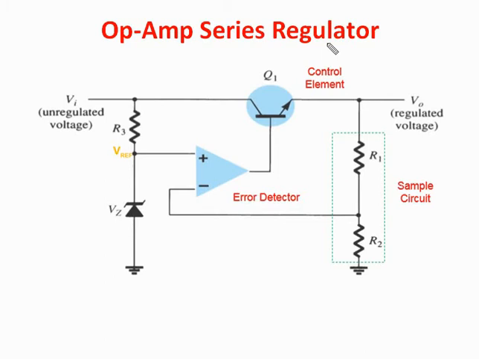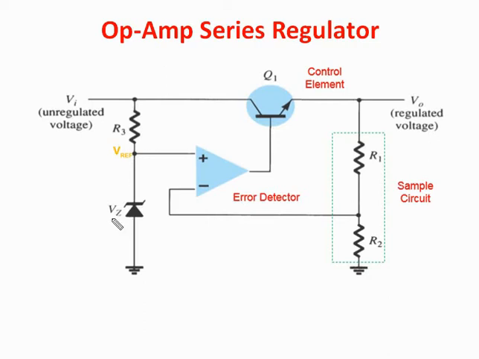Op-amp series regulator. So here the series control element is the Q1 transistor, connected in series with the load between the input voltage and the output voltage. Here, for sensing the output voltage, a resistance potential divider circuit is used. So across the resistor R2 we get the input voltage to the error detector, and here the reference voltage is set by the Zener diode.